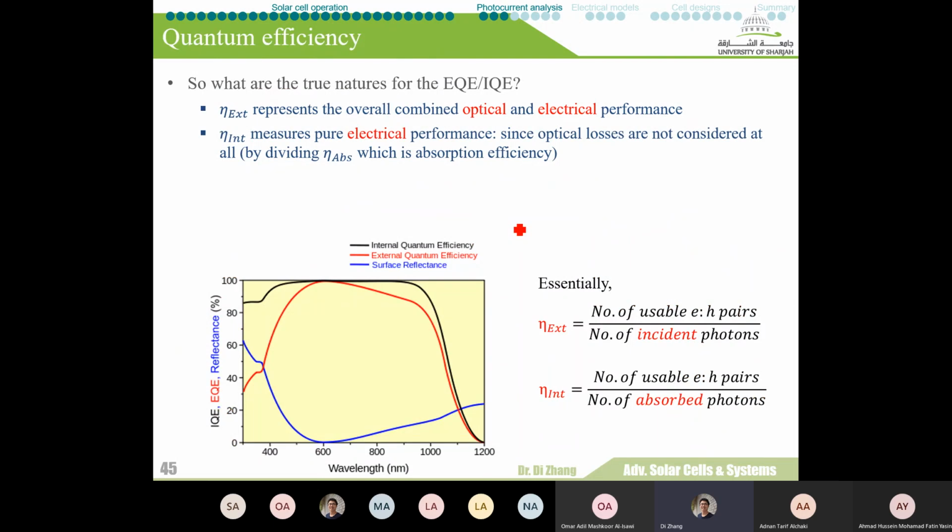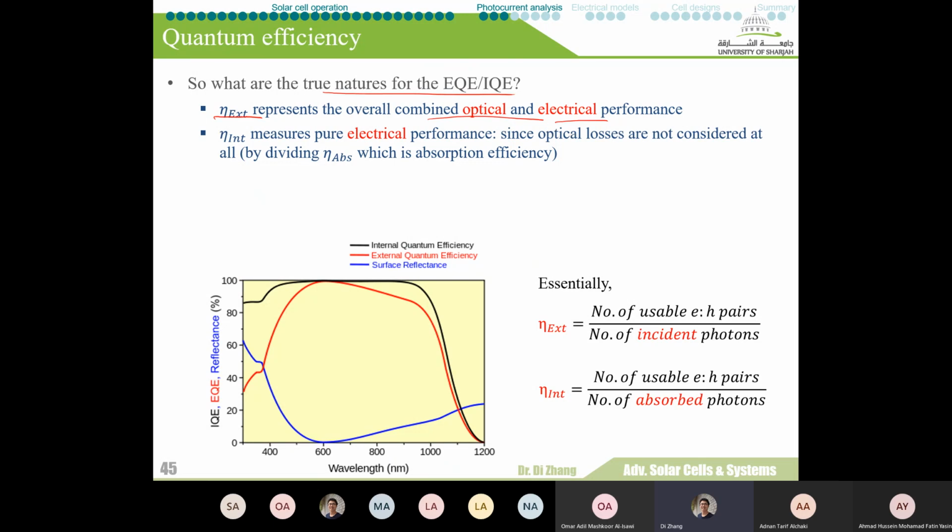So we already talked about the essential idea of the EQE and the IQE, external and internal. Basically, EQE is the total quantum efficiency we find from all the processes in solar cells. This means that this efficiency represents the overall combined optical and electrical efficiency.